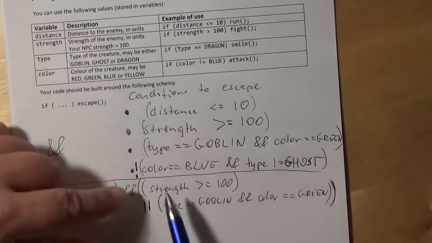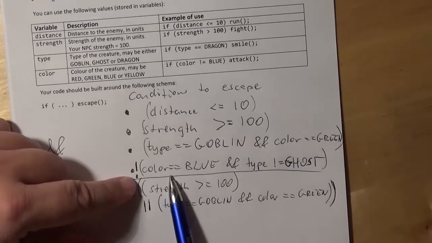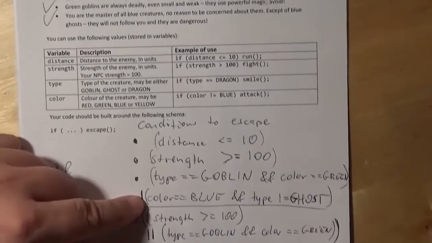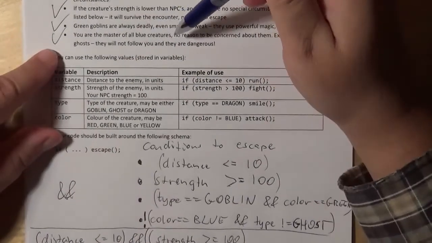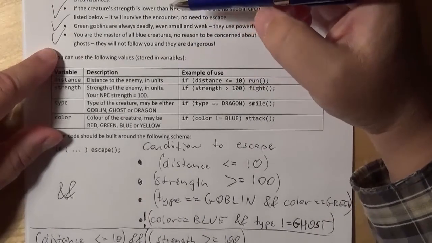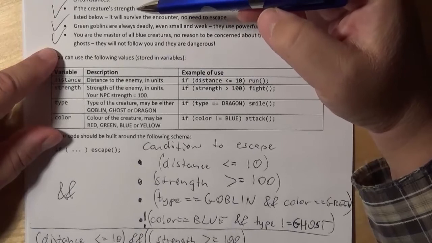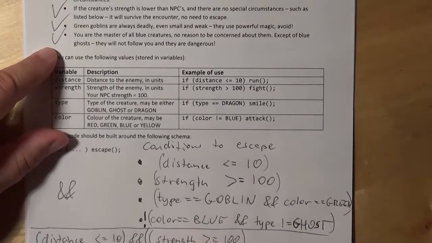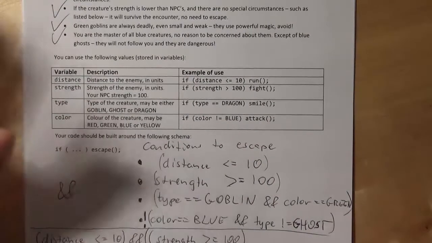Nearly finished, but we have one more rule. If we have a blue non-ghost creature, we have no reason to worry about. Okay? So we can actually say that an additional condition is necessary.